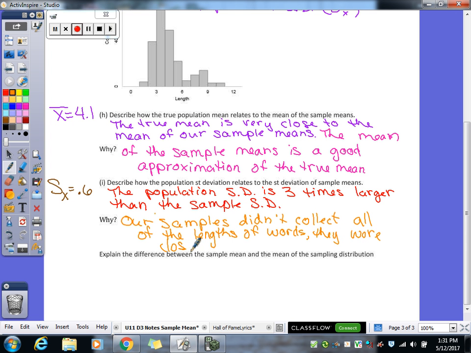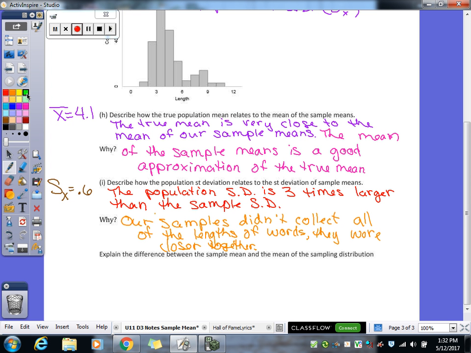They were closer together. And that's the kind of downfall of just taking like one sample or a couple of samples. You want to get as many as you possibly can to try to get all of those different kinds of words. And that's the one thing we're always saying, it's got to reflect the full population. Our samples clearly did not reflect the full population with that.